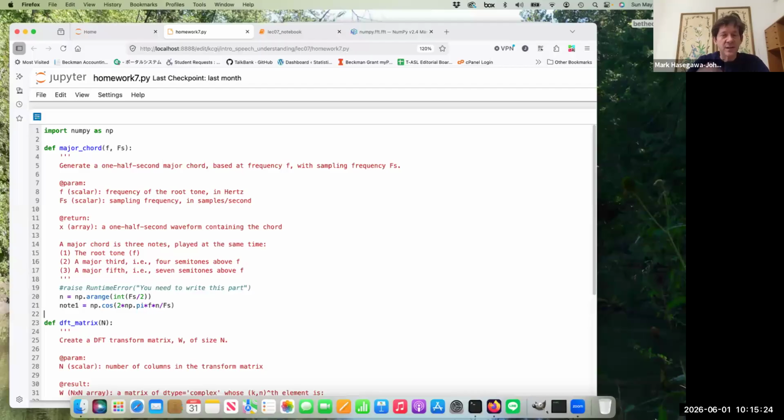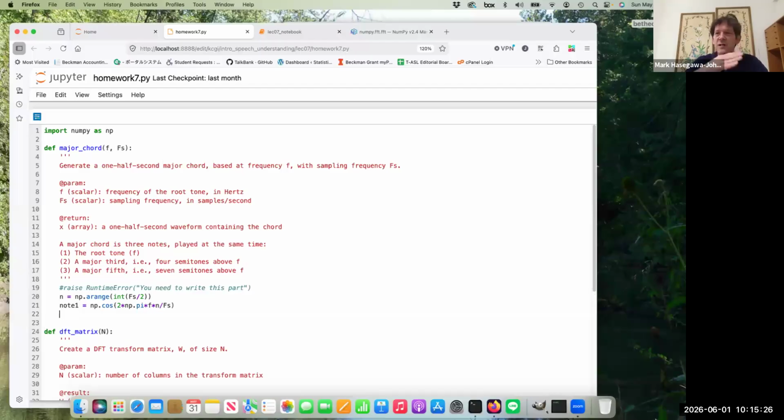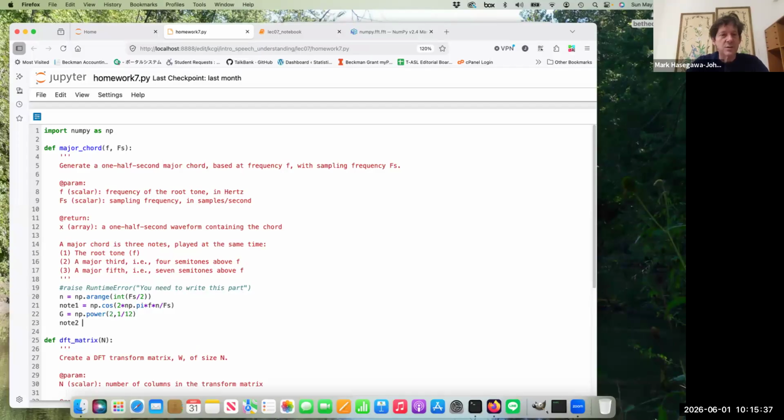That's note 1. Then for note 2, we need to go up 4 half steps. And so let me create this g, which is 2 raised to the 1/12th power. And then note 2 is a cosine at 2 times pi times g raised to the 4th power times f times little n over fs.